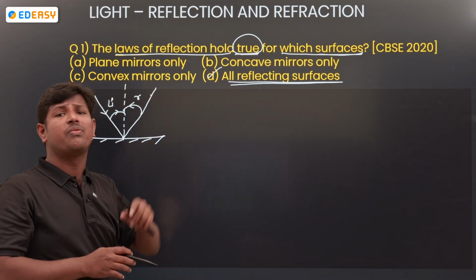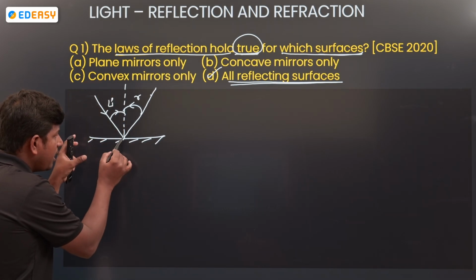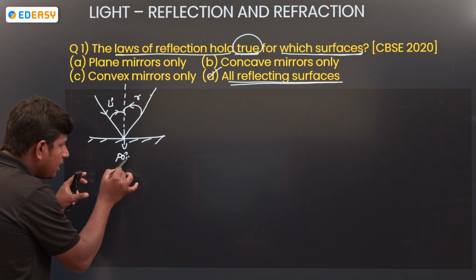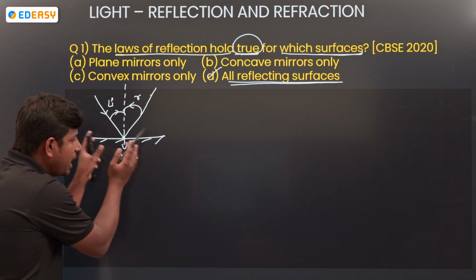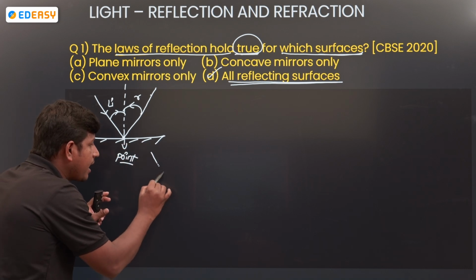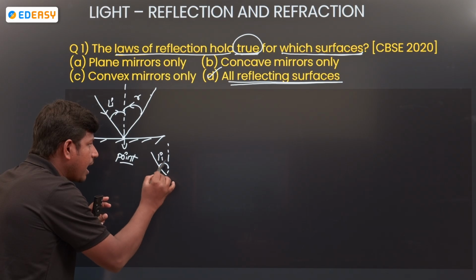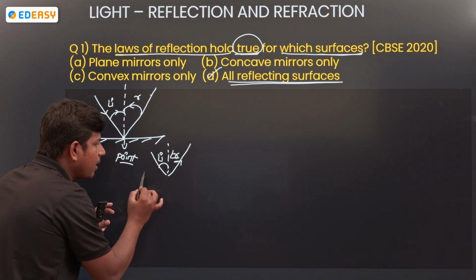How is it applicable for all reflecting surfaces? If you zoom in, where it strikes, it strikes at a point. If you enlarge that particular point, at that point the angle of incidence is equal to the angle of reflection.